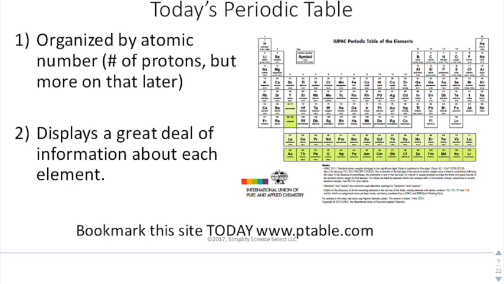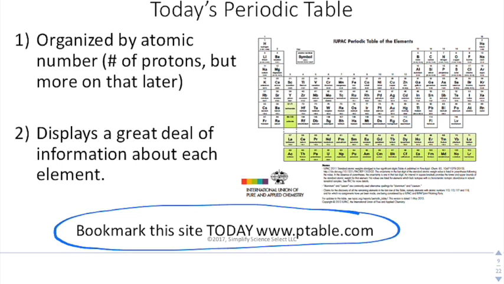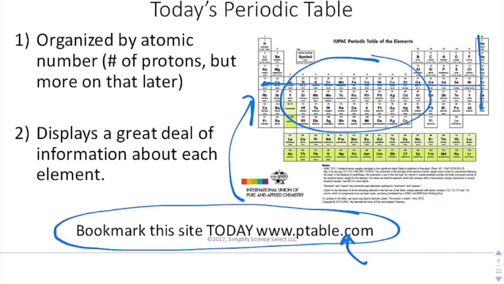There's a lot of information, and we highly suggest that you go to ptable.com and bookmark it, because ptable.com has information on every single element, all the rows and columns, every trend, every property, whether it's electronegativity or ionic radius.